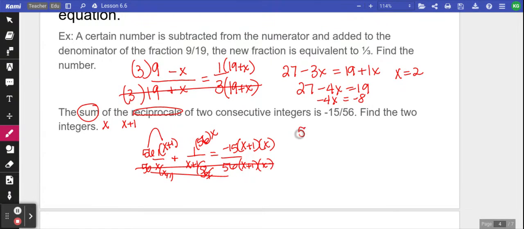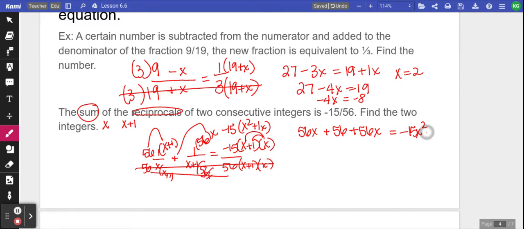Distributing here would give me 56x plus 56 plus 56x equals, this would give me x squared plus 1x that I am distributing to my negative 15. So negative 15x squared minus 15x.